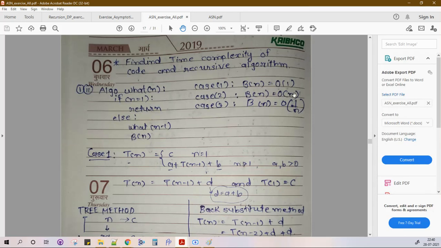The second case is order of n, where we do a linear search to get a particular roll number. So you can think of those scenarios. This is the function call that we make at each stage, and b of n can also be order of 1 by n, just hypothetically. Now, how can we solve that?